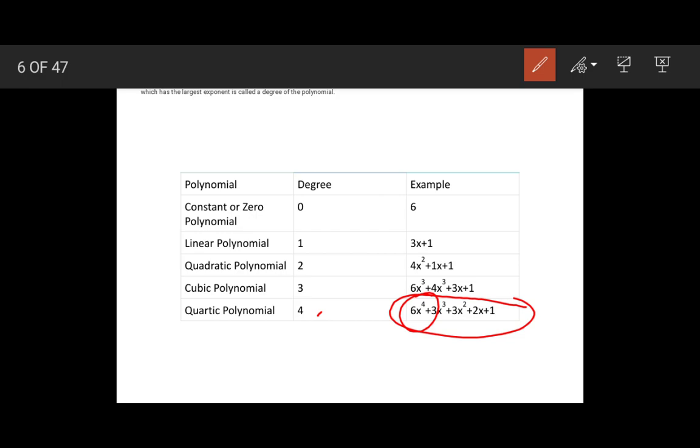Now, on the basis of the degree of a polynomial, we can classify the polynomial. If the degree is 0, then it is known as a zero polynomial or simply a constant. If the degree is 1, then the polynomial is known as a linear polynomial, also known as a linear equation.